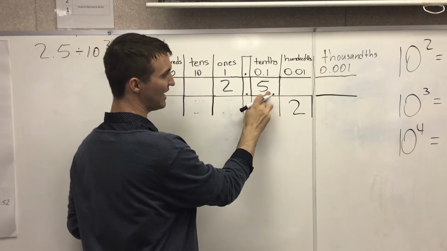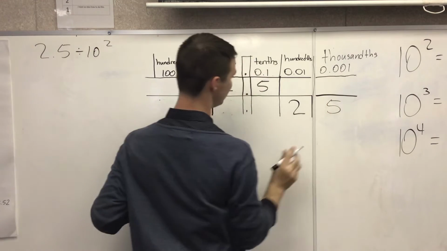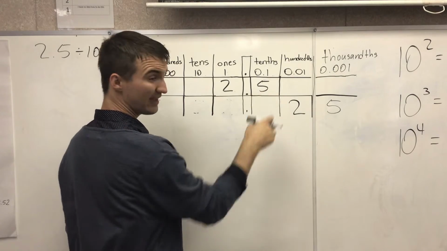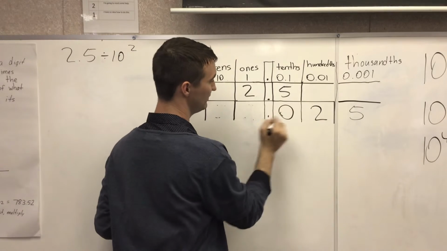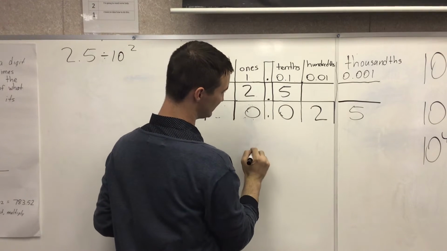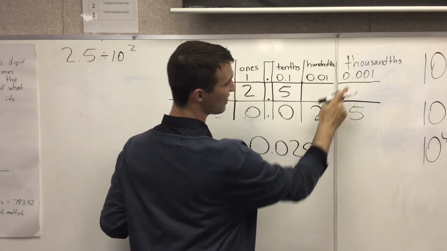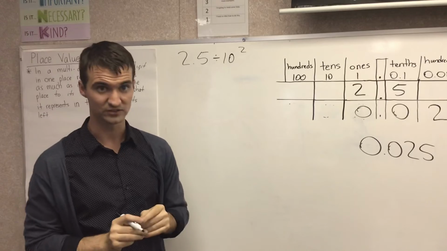And then I'm going to take my 5 and go over 1, 2, bring it right down here. And I know that I can't leave this space blank. I've got to put something there. So of course we are going to put a 0 in. And our final answer is going to be 25 thousandths when I divide that by 100.